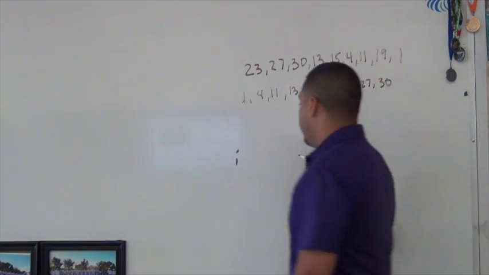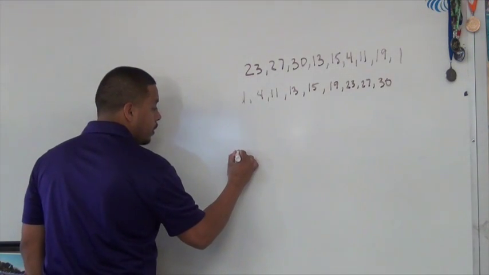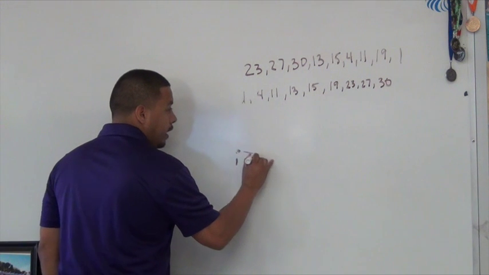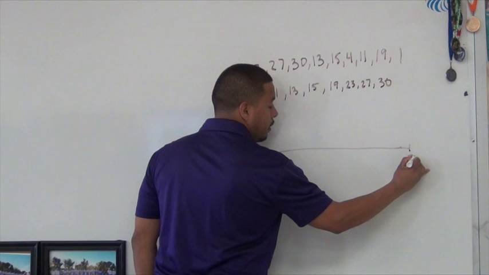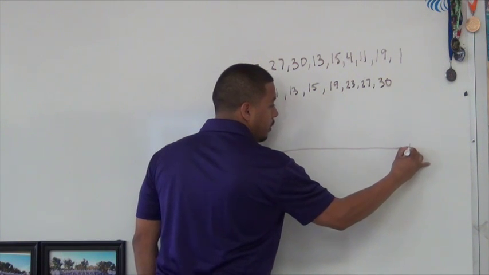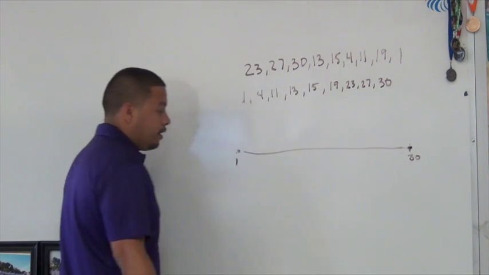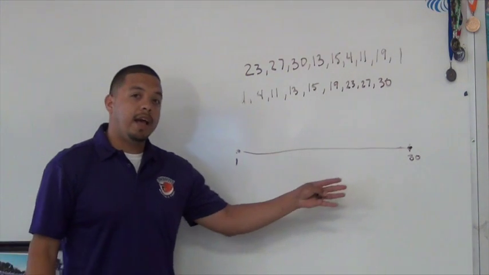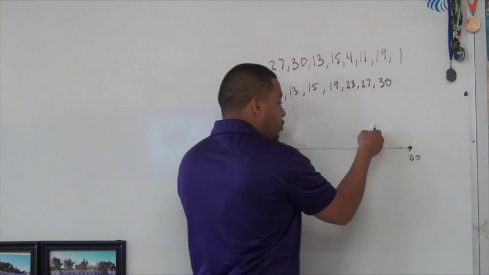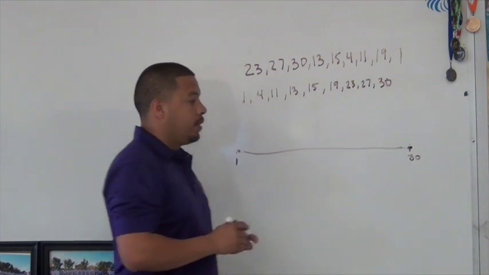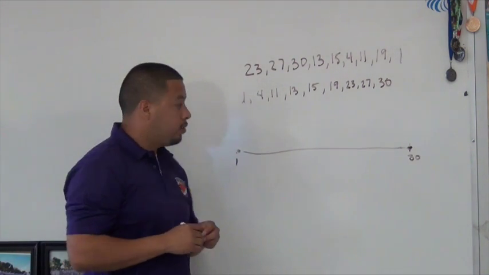Now what they like to do is make a number line looking thing, and they'll usually stop it where the greatest number stops. If not, they'll keep going, but the box is within that.